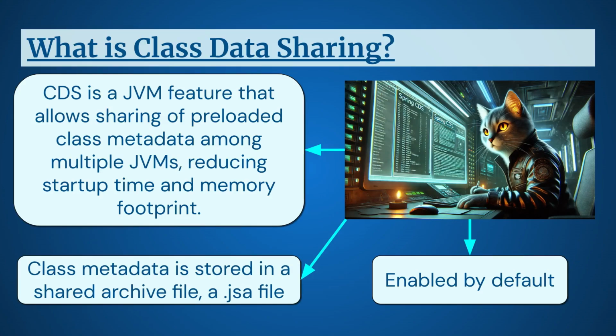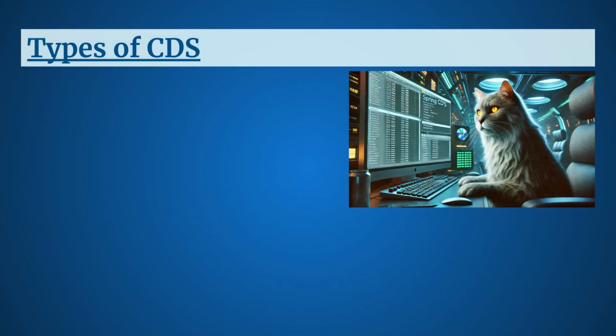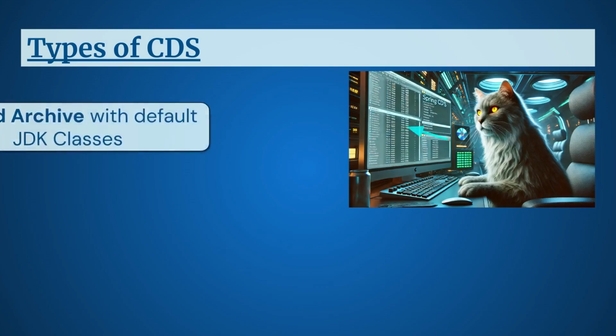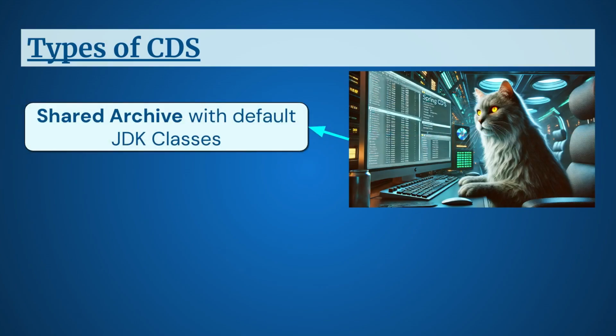The class metadata, as we have seen before, is stored in a shared archive file, a JSA file, which means Java Shared Archive. There are two types of class data sharing. One of them is a shared archive with default JDK classes. This is the file that we typically find in new JDK versions from version 12 onwards.